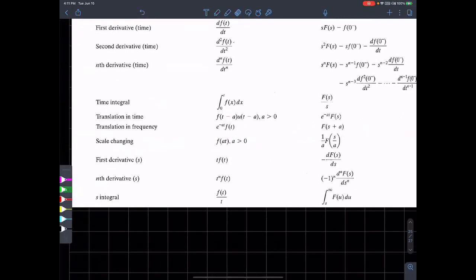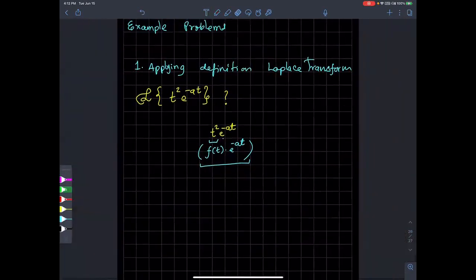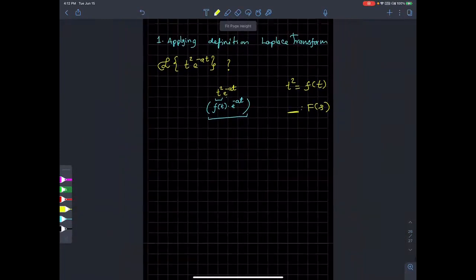So in other words, e to the minus at corresponds to s plus a. So if t squared is f(t), let me find F(s) for t squared, whatever that value is, and then take it from there.